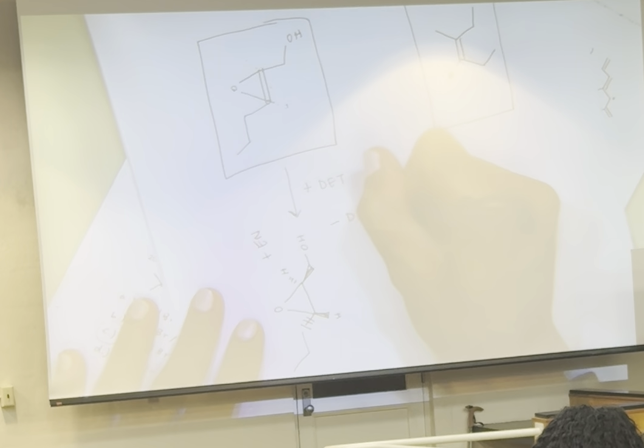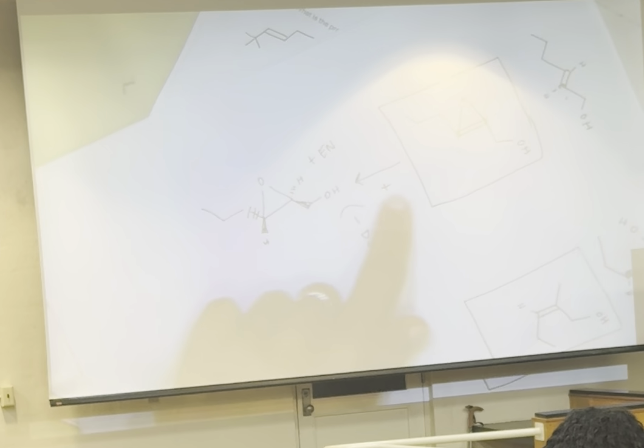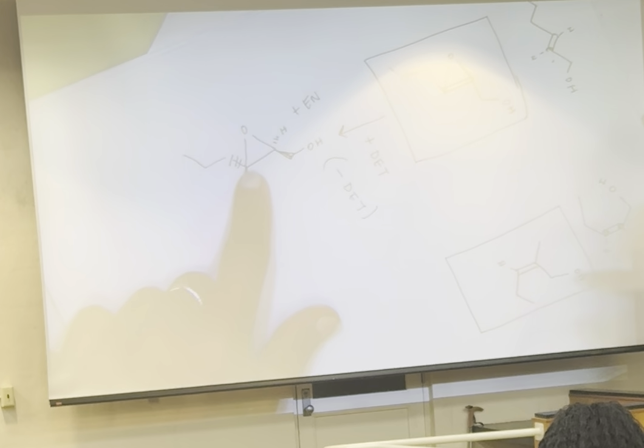If it says minus DET, that's the other catalyst. My advice to you is to draw everything the same, draw this thing like it's plus DET, but then in the last step, you're going to draw the enantiomer of this thing.